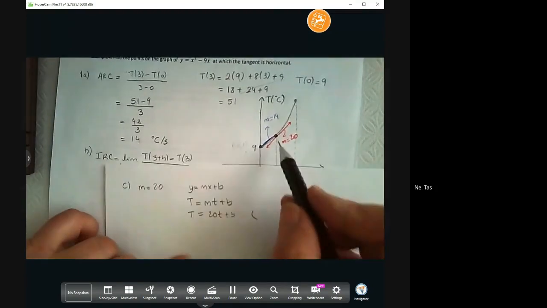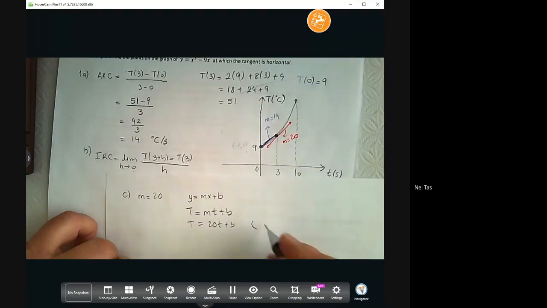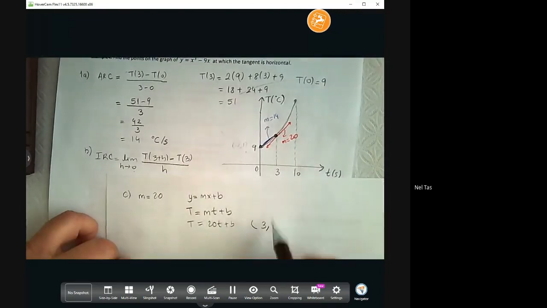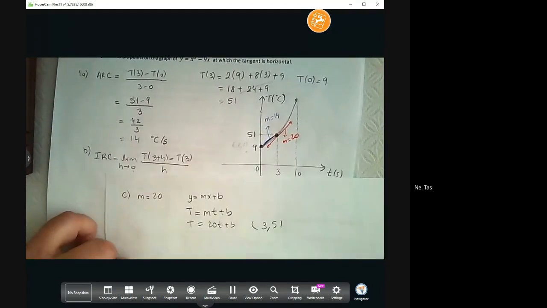So we can use, of course, the only point that we know on that line, this point of tangency, it is called. So x coordinate is 3 and y coordinate we calculated is 51. My graph is not scaled, so don't worry about that. So if we substitute this, we get 60 plus b.